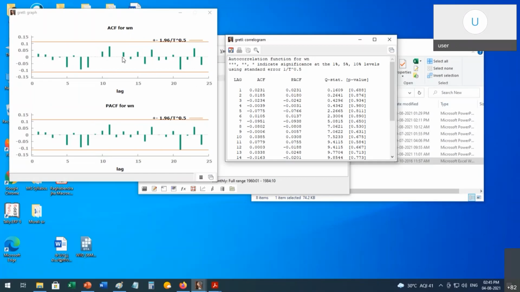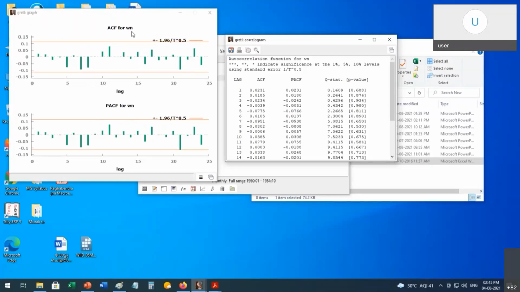There is no autocorrelation. There is no partial autocorrelation. That is why we say that the series for which we have this ACF and this PACF is a white noise series. That is, that particular series has a zero mean, a constant variance, and the correlation is zero. That is why we say we have a white noise.